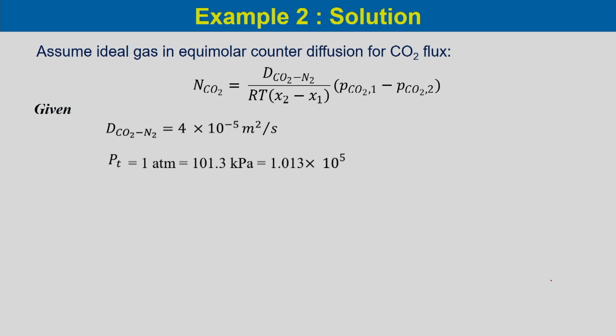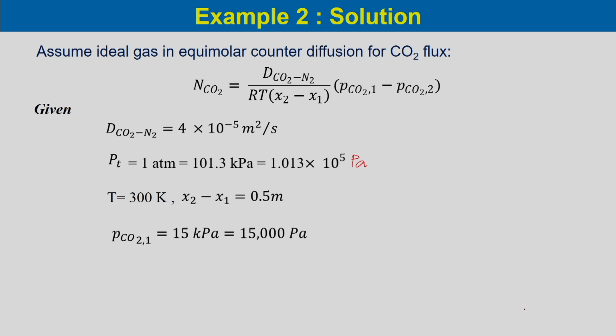Pt is the total pressure, 1 atmosphere, which is equal to 101.3 kilopascal, which is equal to 1.013 into 10 to the power 5 pascal. T is the temperature, 300 Kelvin, and x2 minus x1 is the distance of diffusion, which is 0.5 meter.